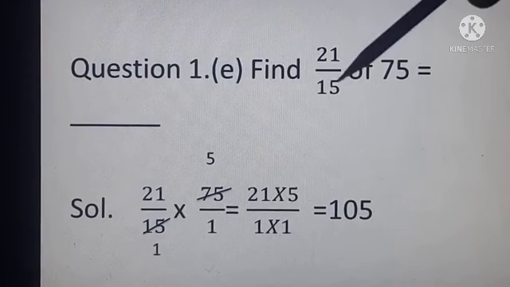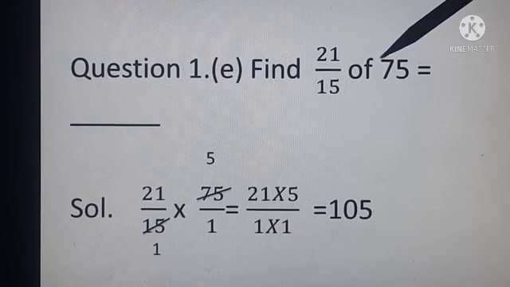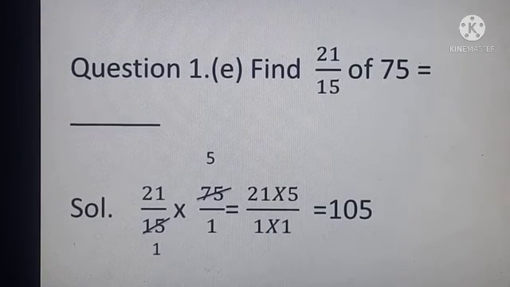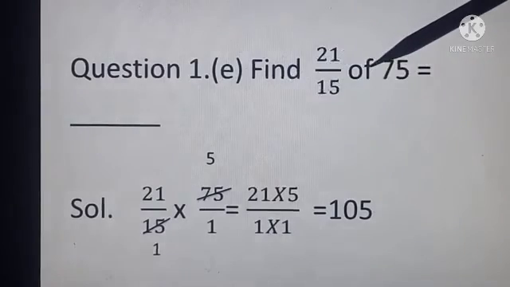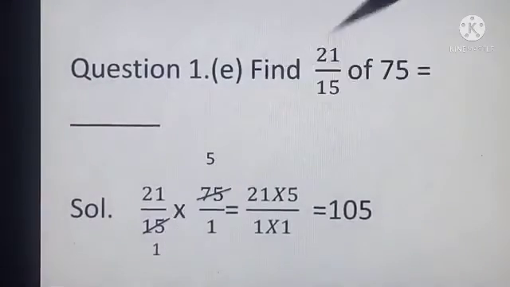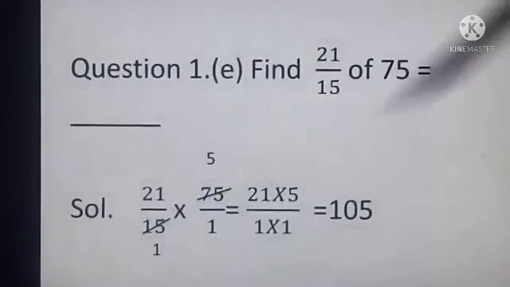Now next is first question, E part. Find 21 upon 15 of 75 is equal to dash. So 21 upon 15, of means multiply. 75 can be written as 75 upon 1. It is very much clear from here that 15 ones are 15 and 15 fives are 75. Right? So you will cut down here.